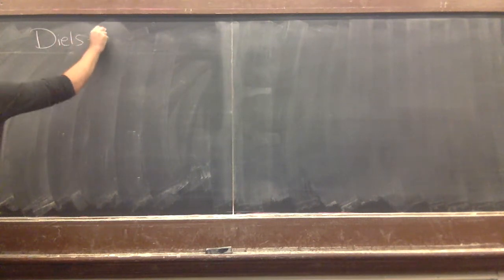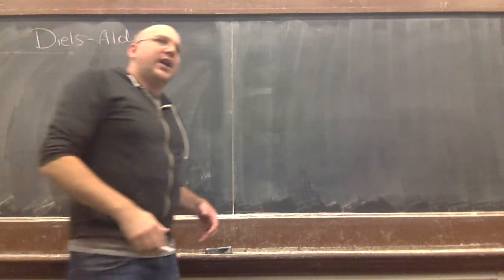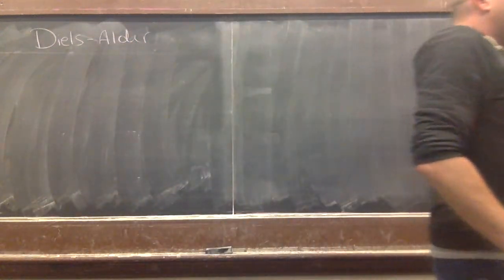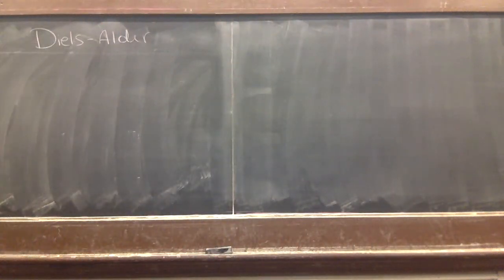And the first one that we're going to talk about today is one of the most important reactions, certainly one of the most important, powerful reactions in synthetic organic chemistry and certainly modern total synthesis, in part because we're going to be making multiple carbon bonds.